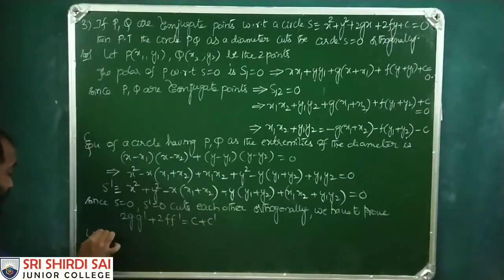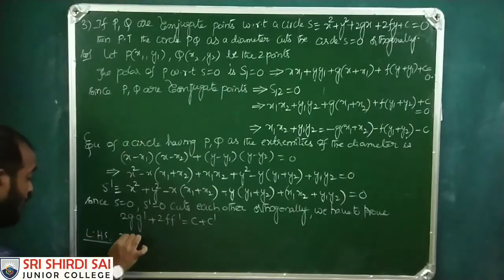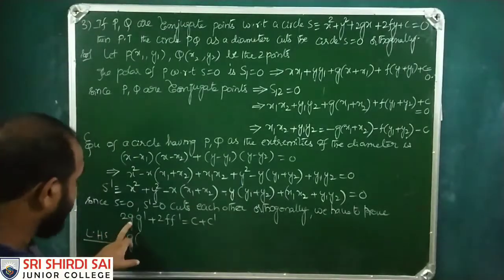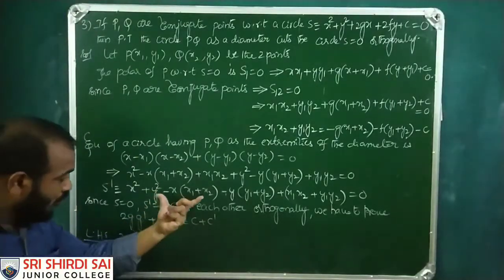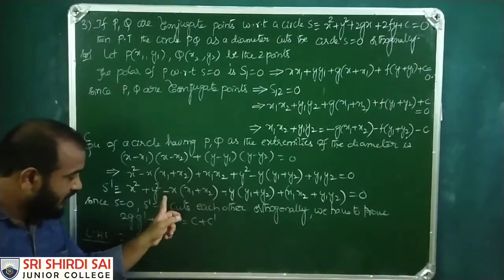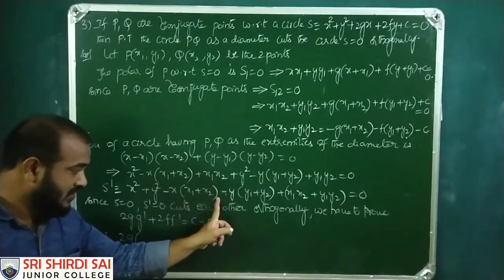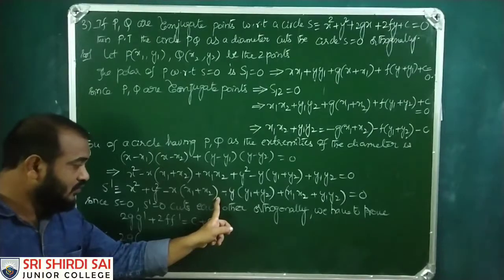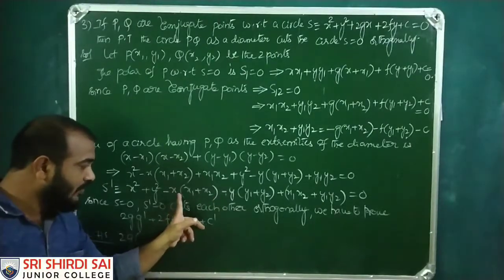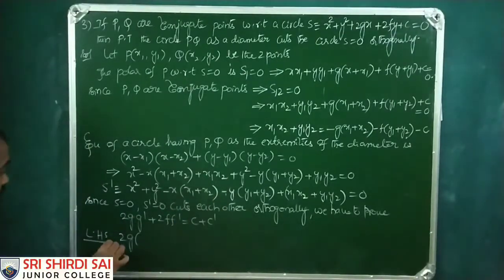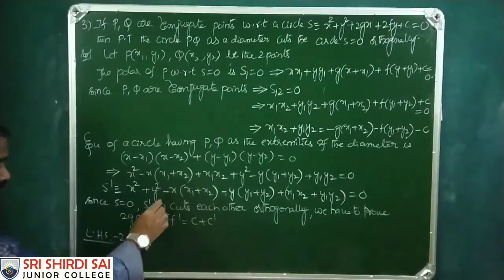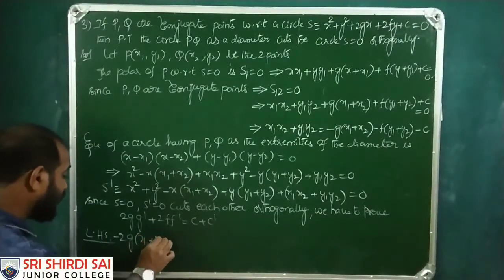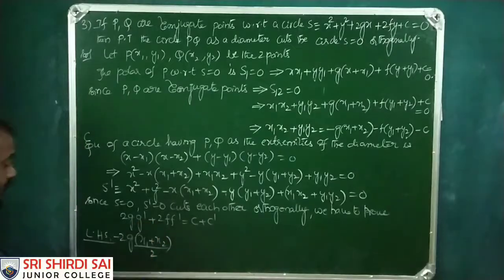So LHS: 2g g dash. Here 2gx, g is whatever it is, and g dash is minus of (x1 plus x2) by 2. So this is minus of (x1 plus x2) by 2.